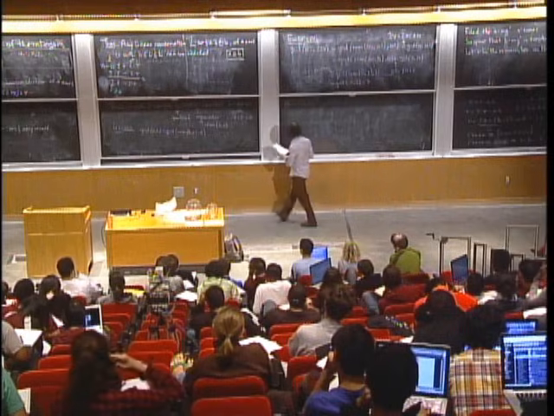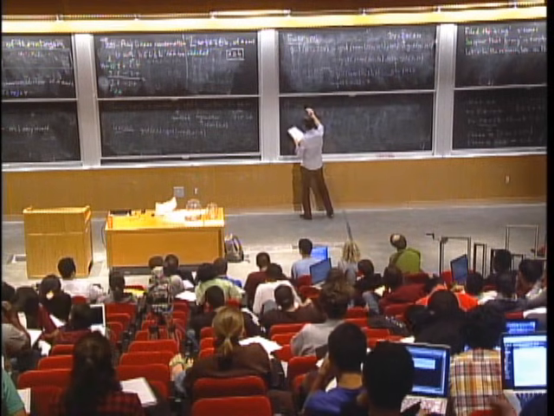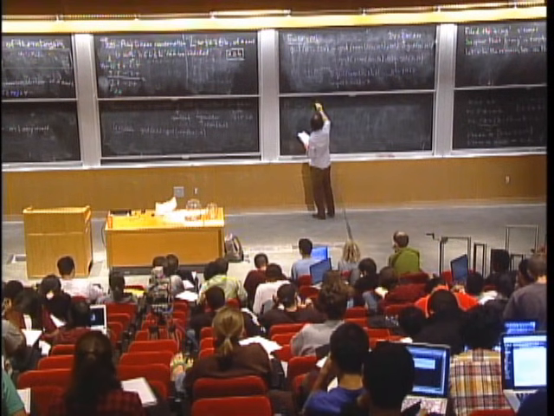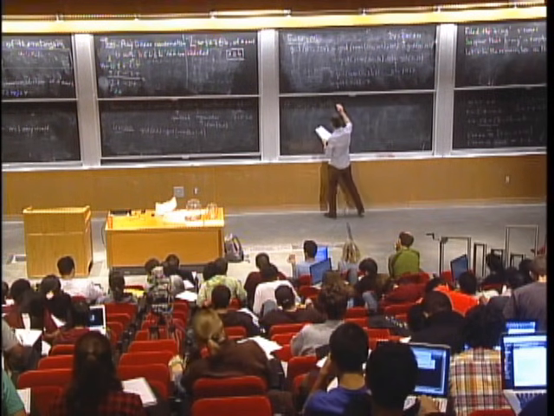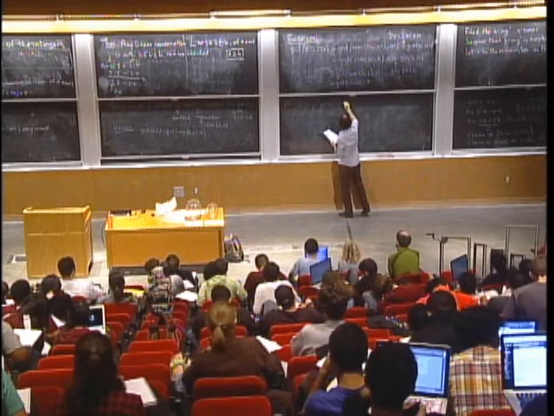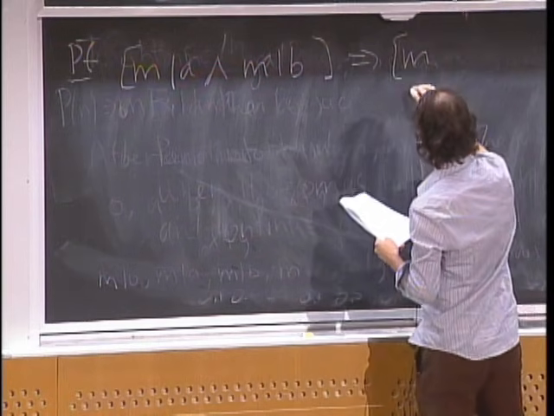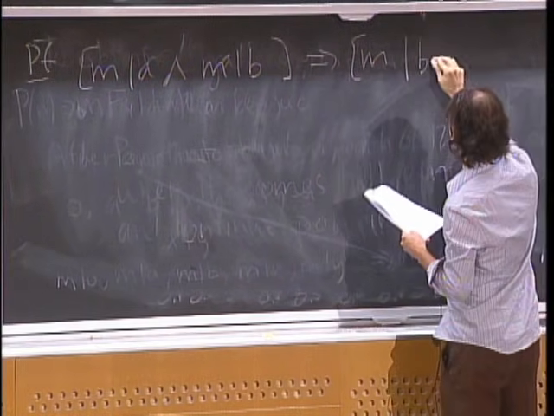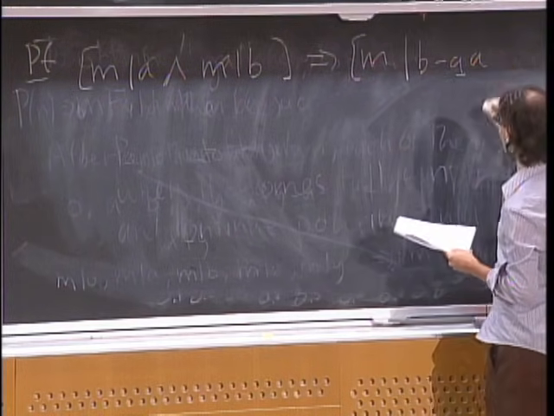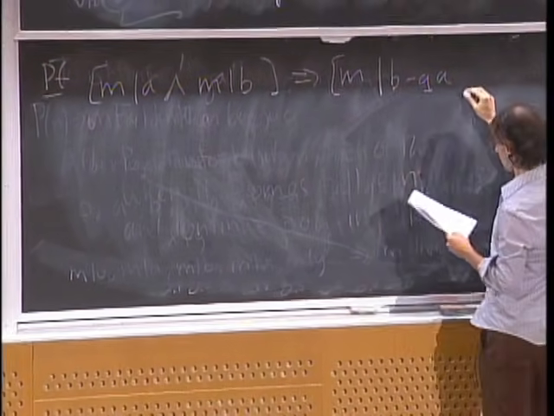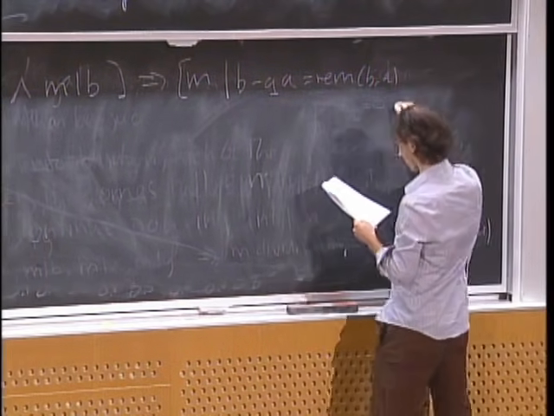So I said a lot right now. So let's try to write it out a little bit. Suppose that m is any divisor of a, and at the same time m also divides b. Well, then I know that m also divides b minus, say, the quotient q that we had over here times a, and this is actually equal to the remainder of b and a.